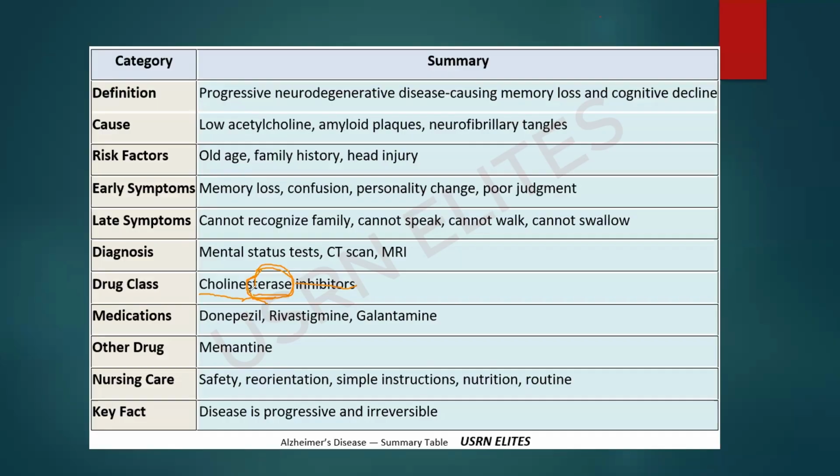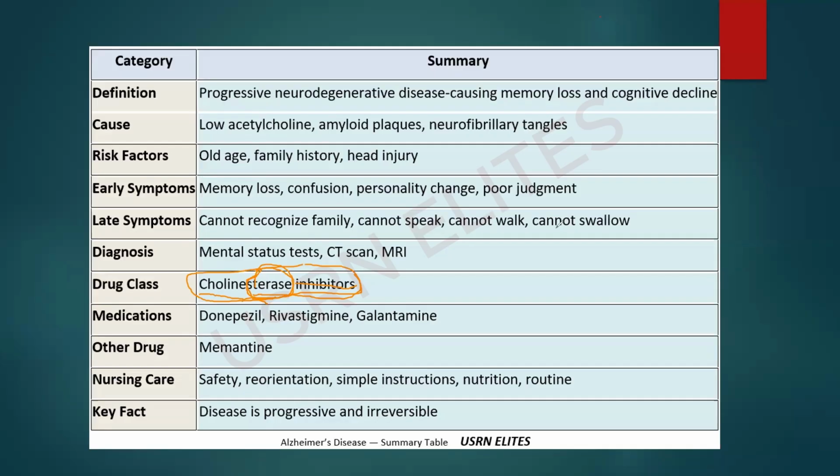So when you have cholinesterase inhibitors, what does it mean for the whole thing here? It means that we know the cholinesterase destroys the acetylcholine.